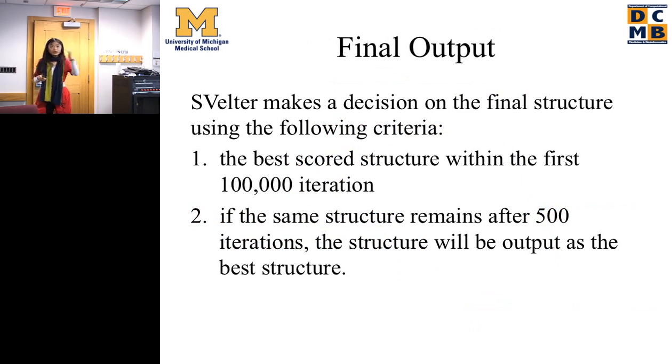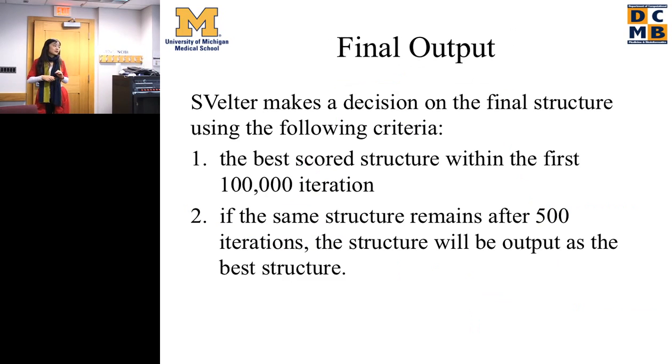In each iteration, you pick a structure. This structure may not be the one that scored best among its own pool, but when we take it out, we record its score, and after a 100,000 iteration run, we pick the best score structure among this pool.